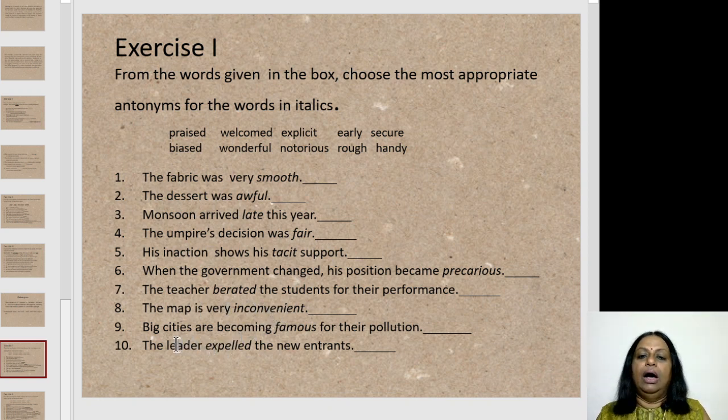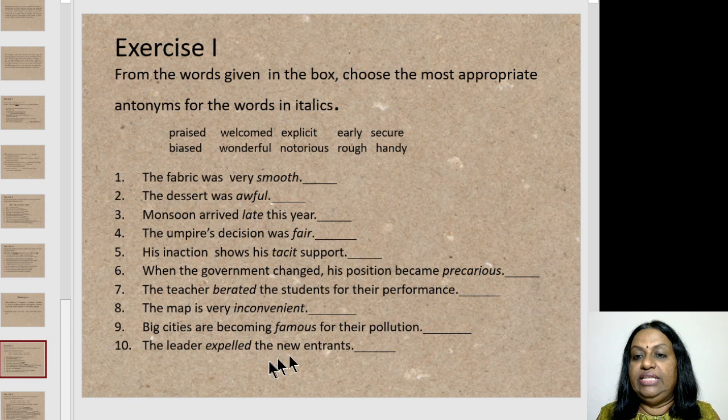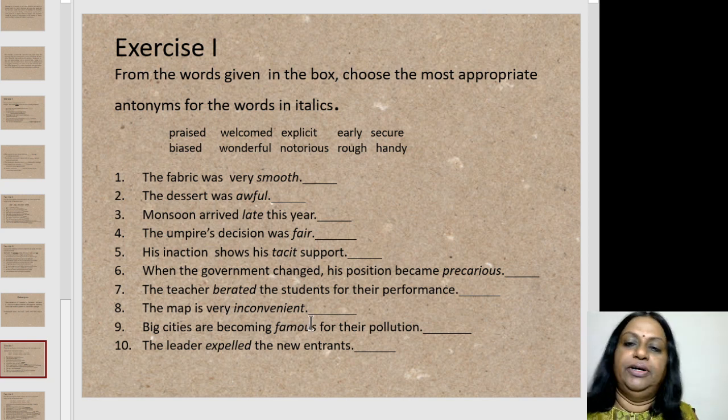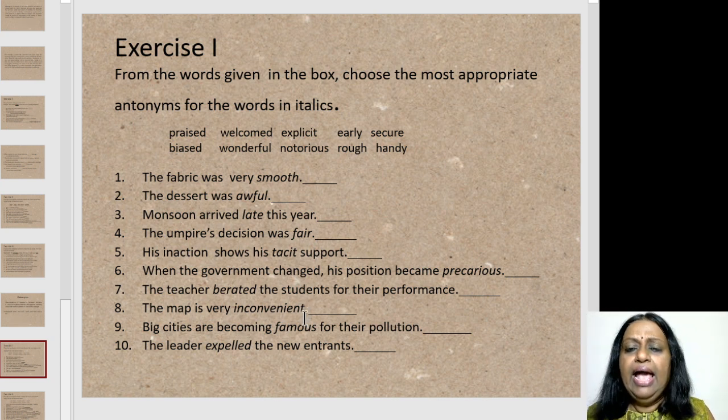The ninth sentence is, big cities are becoming famous for their pollution. So we need to pick an opposite for famous and look at the list. By now we have very few words left. That is one way to narrow it down, but that's not a good way to pick the appropriate word to fill in a blank or choose an appropriate antonym.